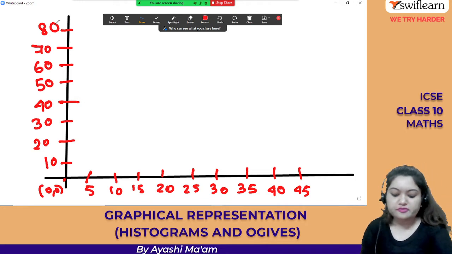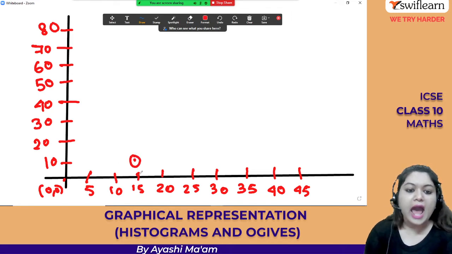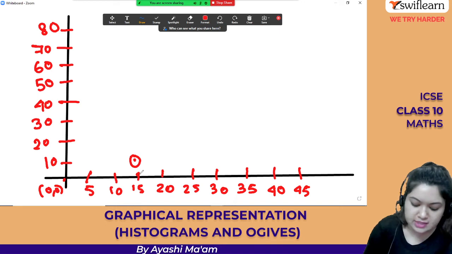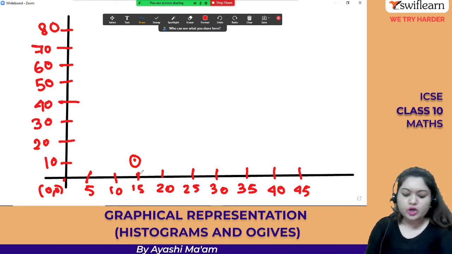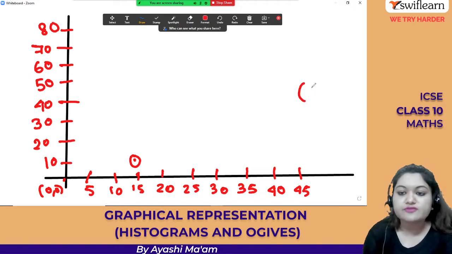Now, our first point is 15 and 10. So here you have your 15 and here we have our 10. This will be the first point. And we don't have any data from 0 to 15. Sorry, your class starts from 10 to 15.